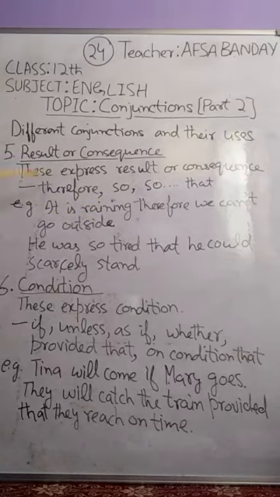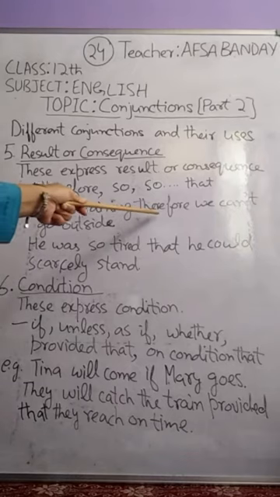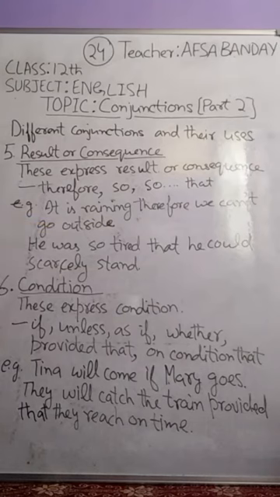Here we have first included this part, and the result of this is that we can't go outside. Next example, he was so tired that he could scarcely stand, or he could hardly stand. So these expressions express the result or consequence of something.